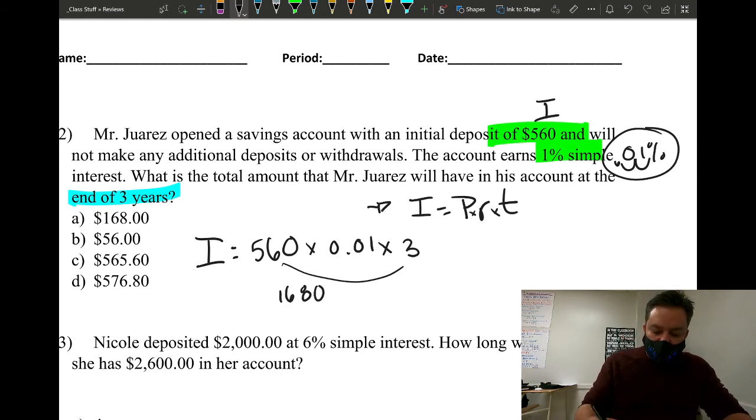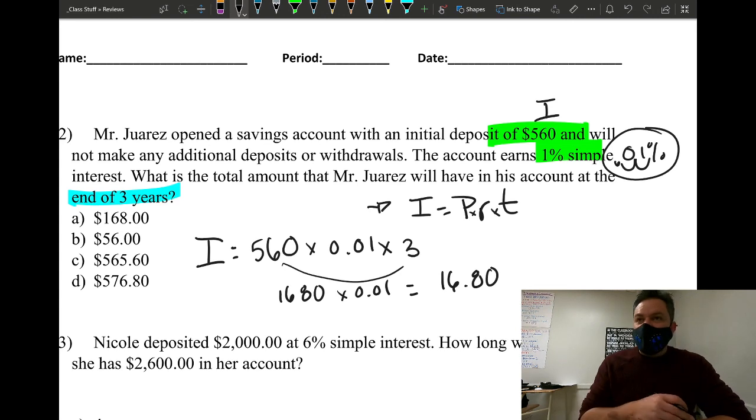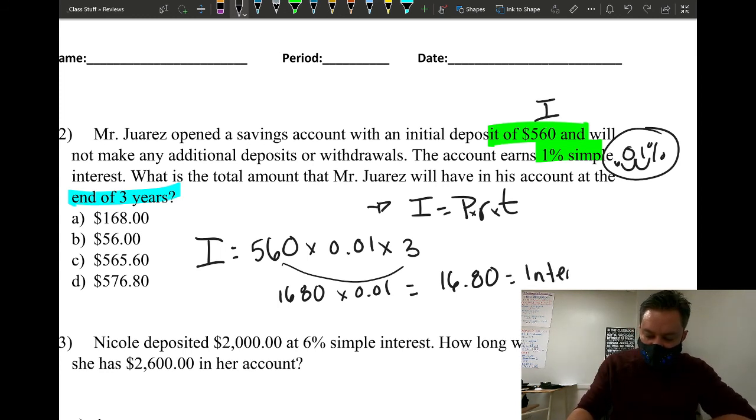And then I multiply that by 0.01, which is just moving the decimal 2 places to the left, and I get $16.80. I actually get 16.8 if I do the multiplication, but we're talking about money. Now this right here, this is the interest only.